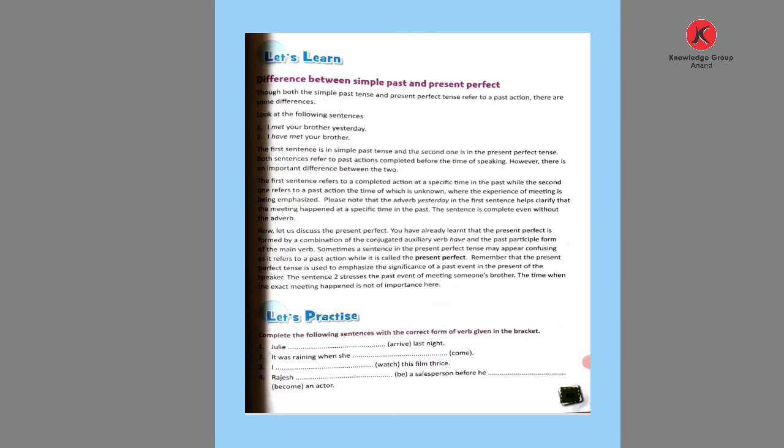Here the exercise is given: complete the following sentences with the correct form of the verb given in the bracket. So we identify whether the sentences are in the simple past tense or present perfect tense. In the first blank, Julie arrived last night.